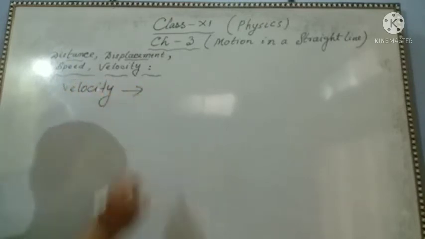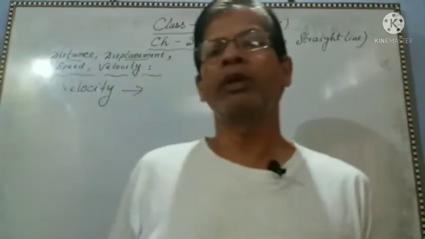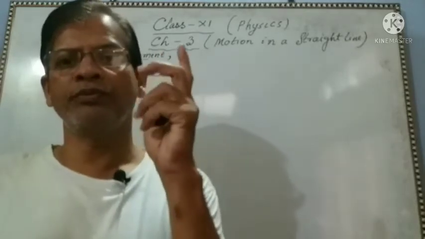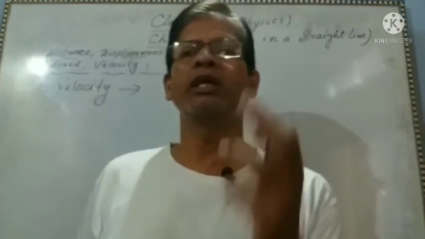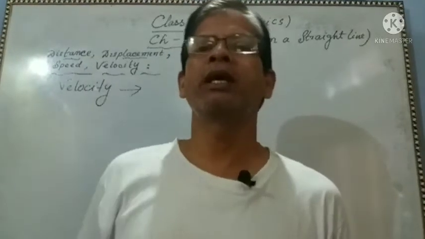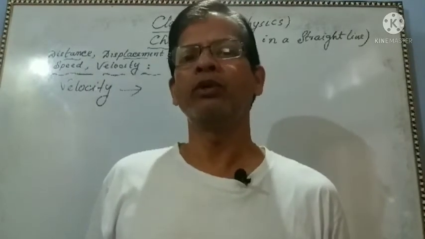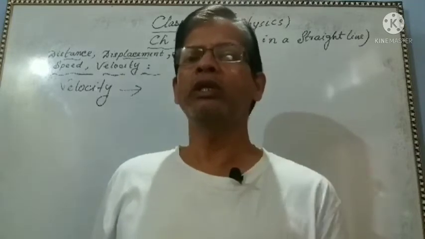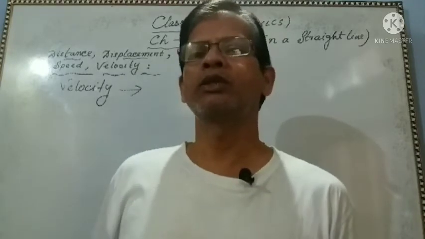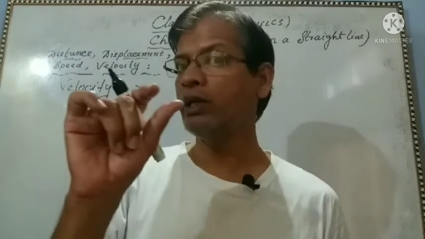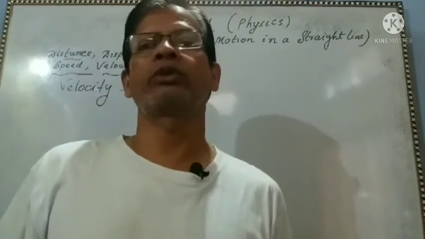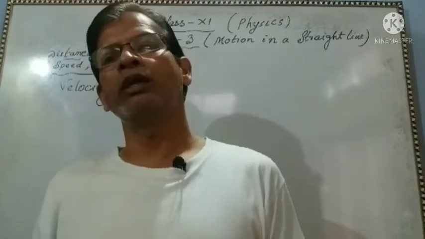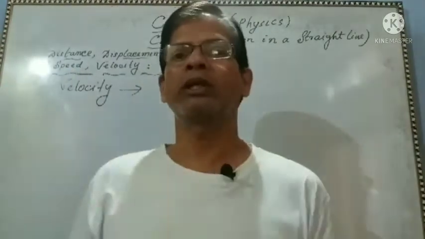Velocity has the same definition, but the distance traveled by an object in unit time in a definite direction is called the velocity. So here direction is introduced: there is magnitude, and there is also direction. So this is a vector quantity.